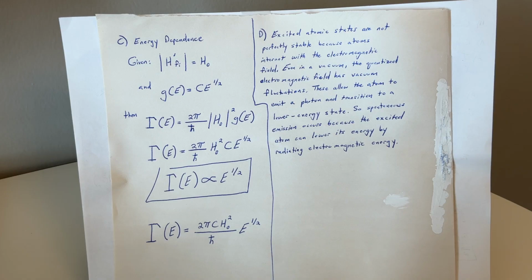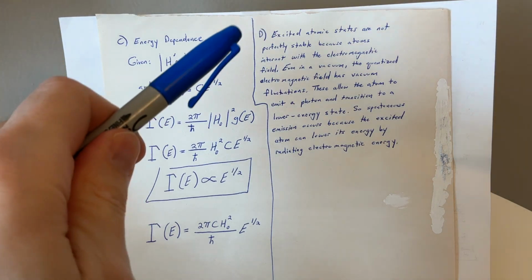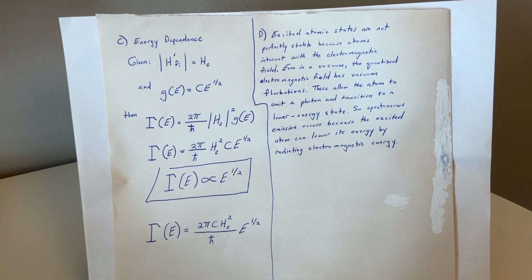Part D, they want us to explain qualitatively why excited atomic states decay spontaneously. Okay, so for part D, excited atomic states are not perfectly stable because atoms interact with the electromagnetic field.